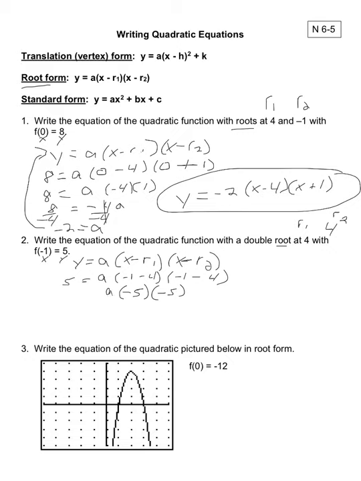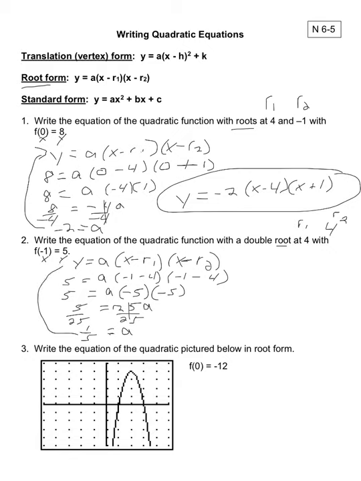Bring down my a, my equals, and my 5. Now I've got all multiplication on the right side, so negative 5 times negative 5 is positive 25a equals 5. To solve for a, I divide by 25. And a equals 5 over 25, which reduces, 5 goes into both, so that's 1 over 5.